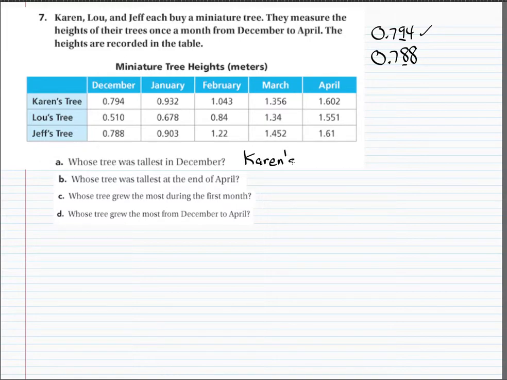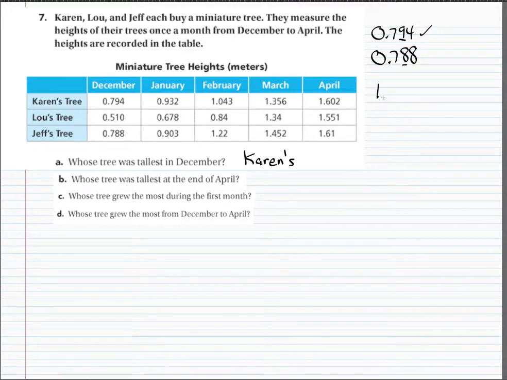All right, the next one is whose tree was tallest at the end of April. If I go back here to April and look at the three choices, again, all of them start out with a 1, so that 1 doesn't help me. If I look to the next number, I have a 6, a 5, and another 6. Obviously the 5 is the lowest one, so that can't be the option.